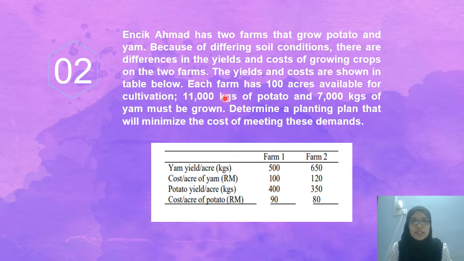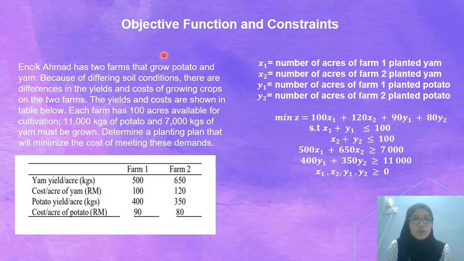So this is the table of the yields and costs of Farm 1 and Farm 2. Okay, moving to the objective function and the constraints. The question asks us to determine a planting plan that will minimize the cost of meeting this demand. So we know that we want to get the number of acres of yam and potato.